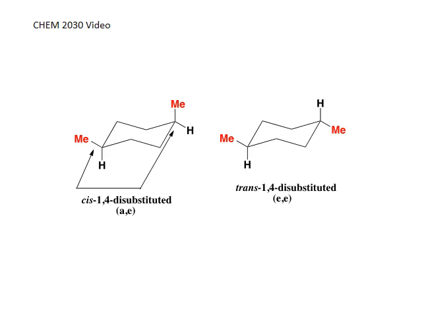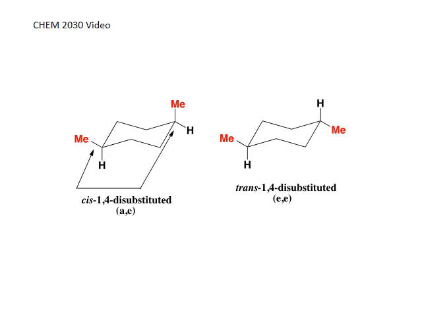Let's look at 1,4. 1,4 is exactly the same as 1,2. If we have the methyl groups on carbons 1 and 4, and we want to think about cis 1,4, we would see that one could be axial and one could be equatorial to accommodate that, or would have to be. There is no other way to have them cis and 1,4 without one of them being in an axial position.